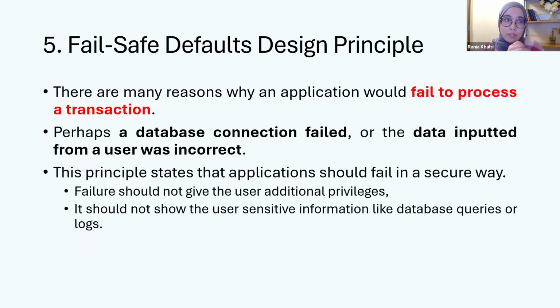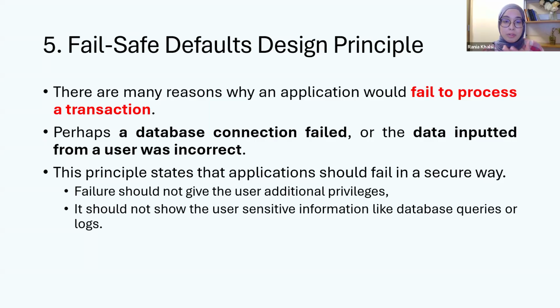In other words, a failure should never give a user additional privileges or access they did not already have, okay? It should also not reveal sensitive information, like database queries, error logs, or internal system details. They must not be shown to the final user if a failure is happening.